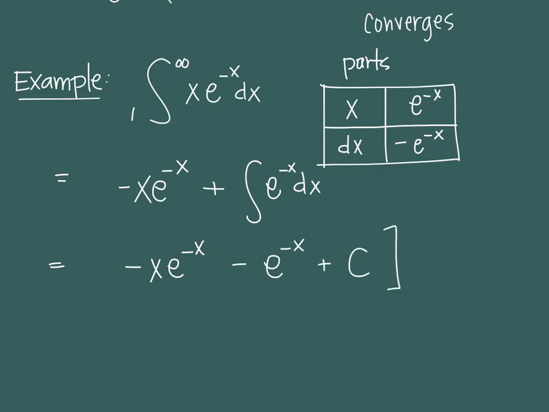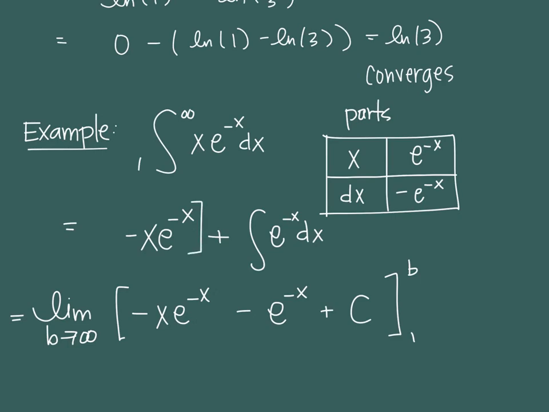And then our bounds are 1 to, should we keep it infinity or switch it to b right now? B, and then we will have the limit in front of that as b approaches infinity. The bounds apply to the first step. They're all in there, but we will have to show it. There are bounds here from 1 to b, and there are bounds here, 1 to b.